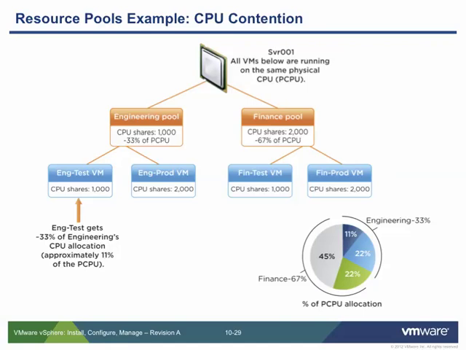Then if we look at what does that mean to the actual virtual machine? The test VM under the engineering pool on the far left has 1,000 shares, and the production engineering machine has 2,000 shares. Again, 3,000 shares down there.